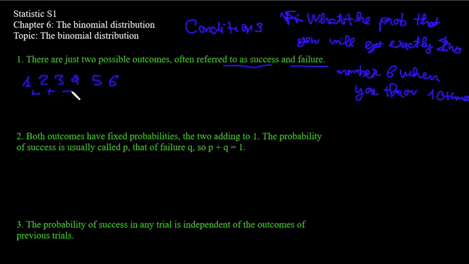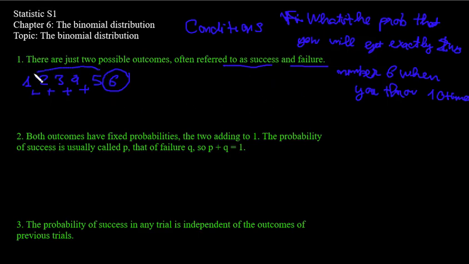You take the sum to be the probability of failure, and the probability of getting a 6 will be the probability of success. Even though there are many outcomes, we look at the question: exactly two 6s means they only care about the number 6 here. So when you get a 6, it is a success. When you don't get a 6, it is a failure. So there are only 2 possible outcomes, getting a 6 or not getting a 6.